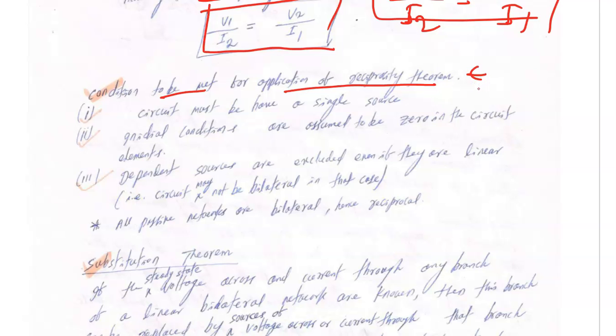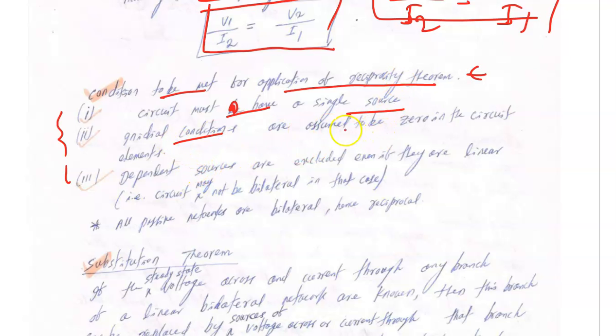You cannot apply reciprocity theorem in all networks, but this condition has to be met. The circuit must have a single source, as I have told you.